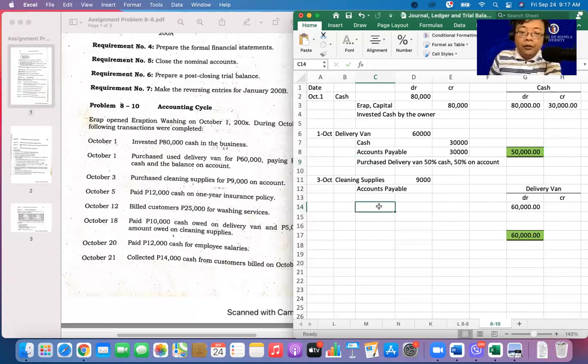Cleaning supplies, of course, 9,000 here. All right. So purchase cleaning supplies on account.